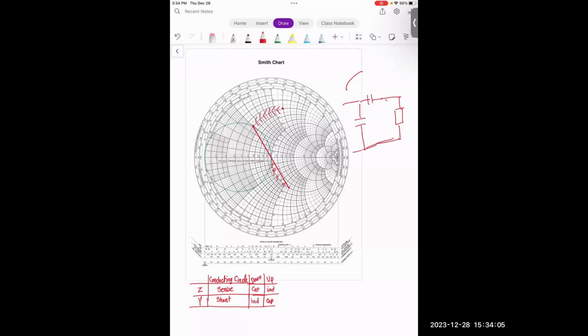In this case, if they ask you for the LC matching, suppose they give the load as 0.4 plus 1 plus 2j, and ask you to match to the LC circuit.